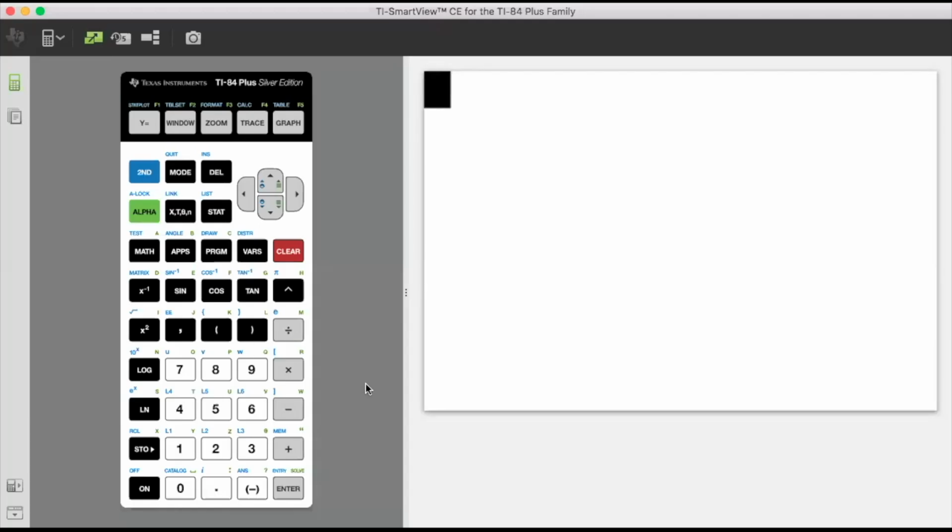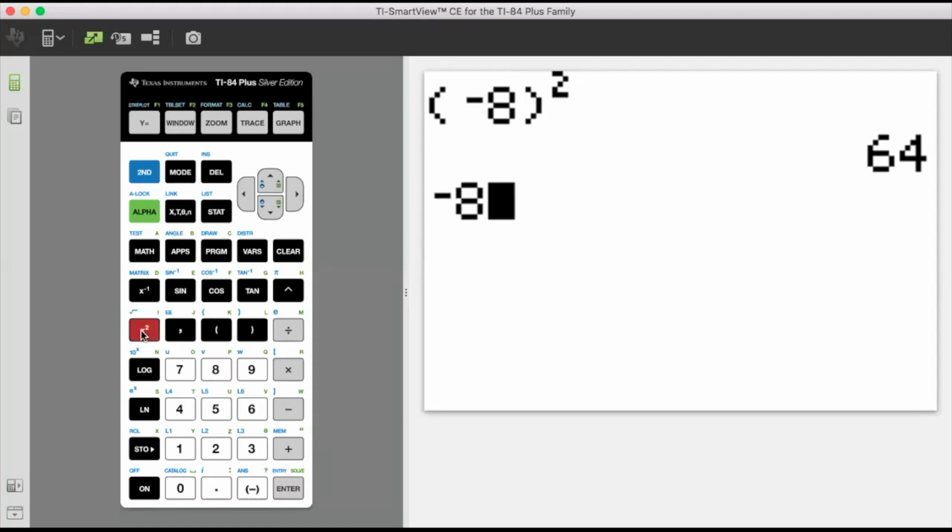So let's take a look at the -8 being inside the parentheses versus outside the parentheses. Putting it inside the parentheses means you're squaring -8, so a negative times a negative is a positive. But watch what happens when we put it outside the parentheses. You get -64. The reason is that it's reading PEMDAS: it reads +8 as the base of the exponent, so it's doing 8 squared, which is 64, and then taking the negative of that.